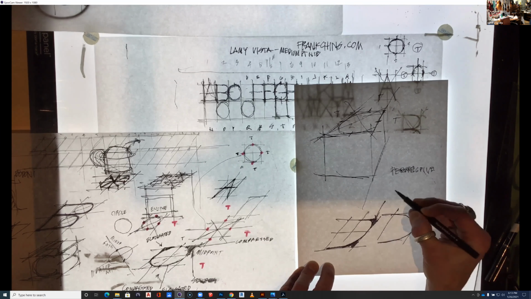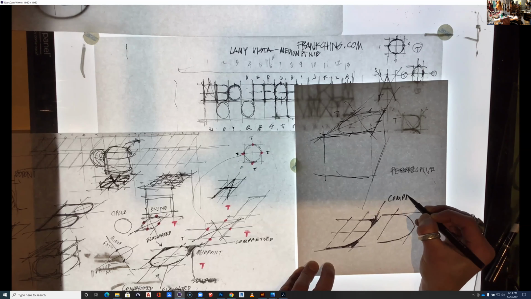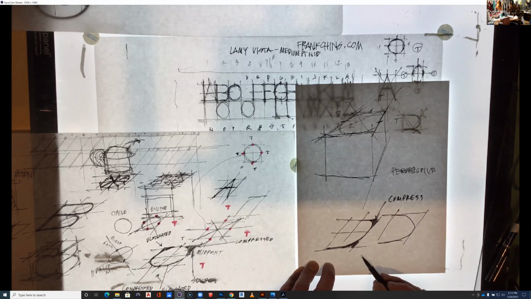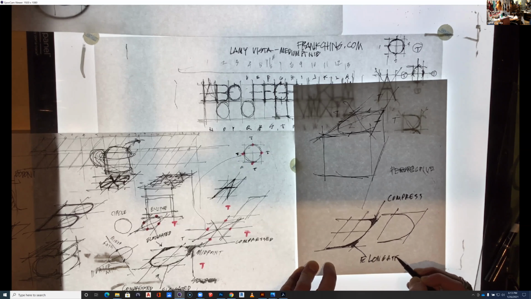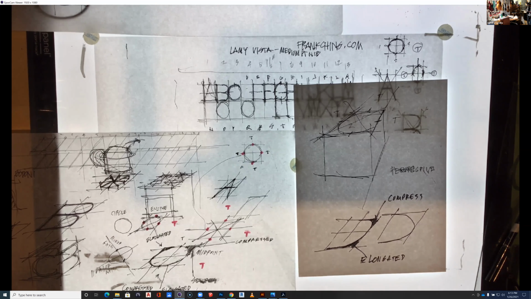So that's compressed. That gets elongated. So show me that drawing again. I just did what you just showed right there. That might be a little better. Dynamite. Beautiful. Okay, that's it. Thank you.